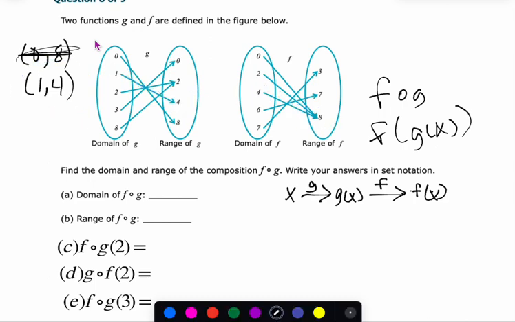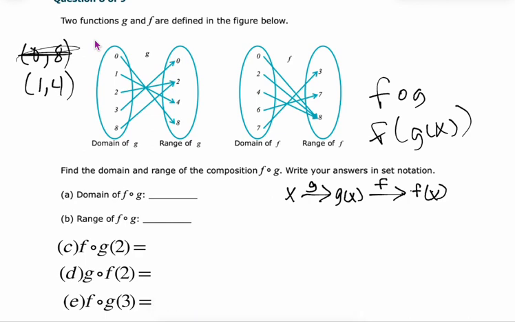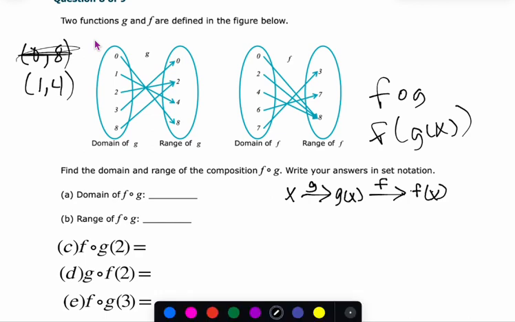An 8. Okay, so let me kind of map it out for you. I stuck a 1 in our G function. It became a 4. That 4 in my F function became an 8. So that means that the point 1, 8 is in the composition. I started with 1. Eventually, I get to 8. Okay.